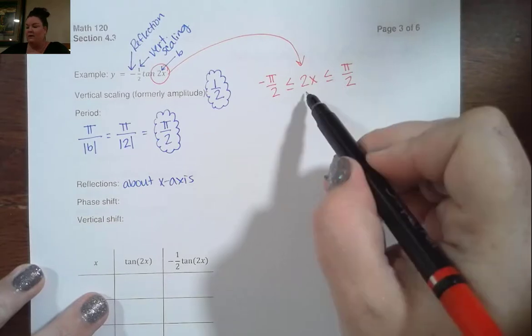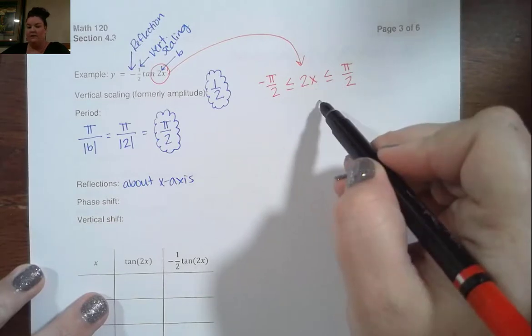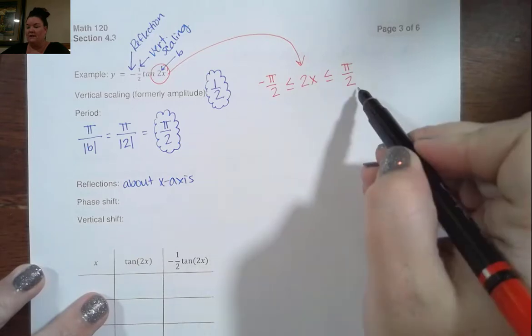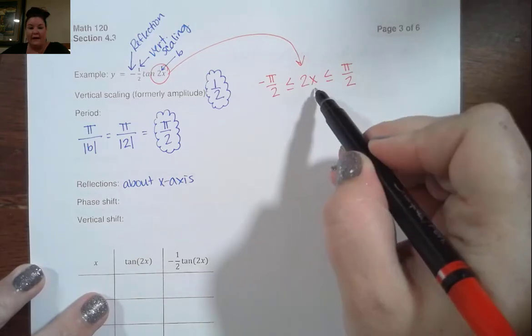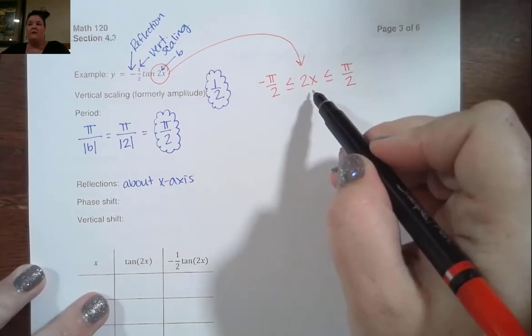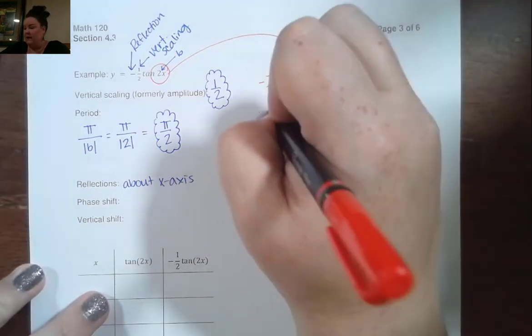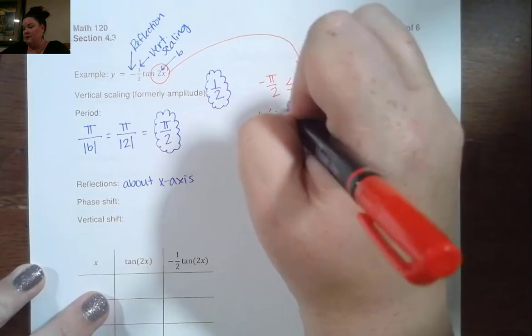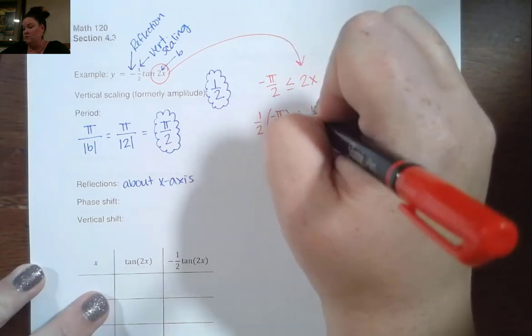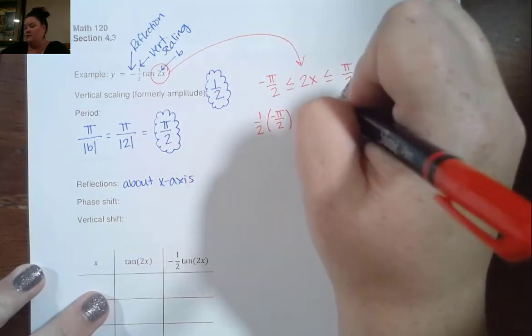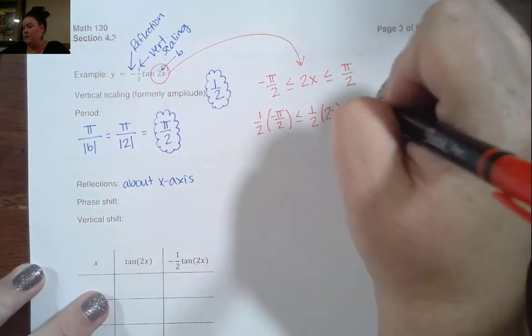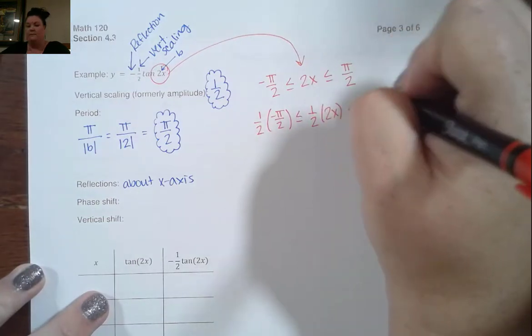Now, normally I would just put a line and say divide by 2, but I have fractions over here. So instead of saying divide by 2, dividing by 2 is the same as multiplying by 1/2. So I'm going to do 1/2 times negative pi over 2, 1/2 by 2x, and 1/2 times pi over 2.